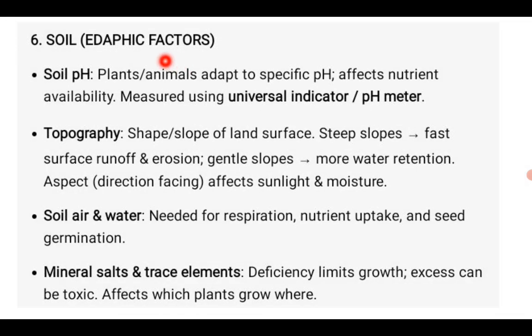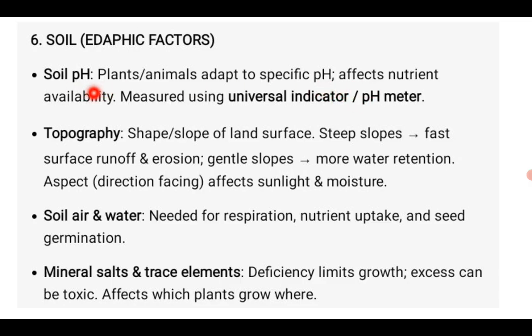Another factor, which is considered to be an abiotic factor, is soil. There are many aspects of soil that affect distribution of crops, plants, and animals. One of them is soil pH. Different plants and animals adapt to specific pH.